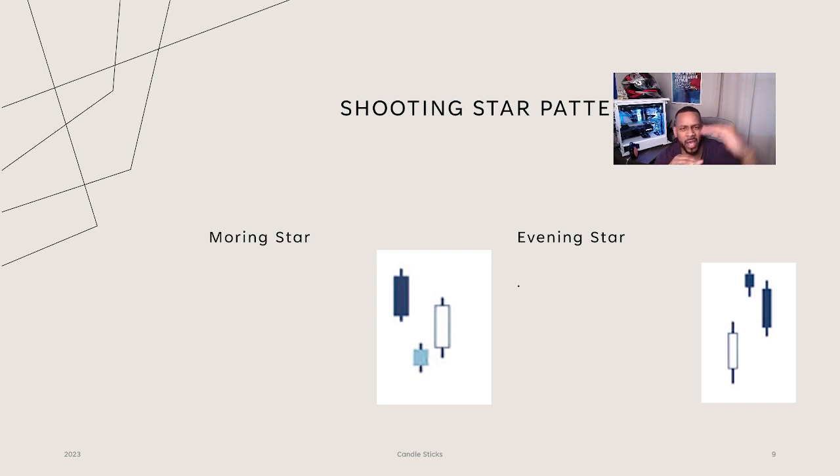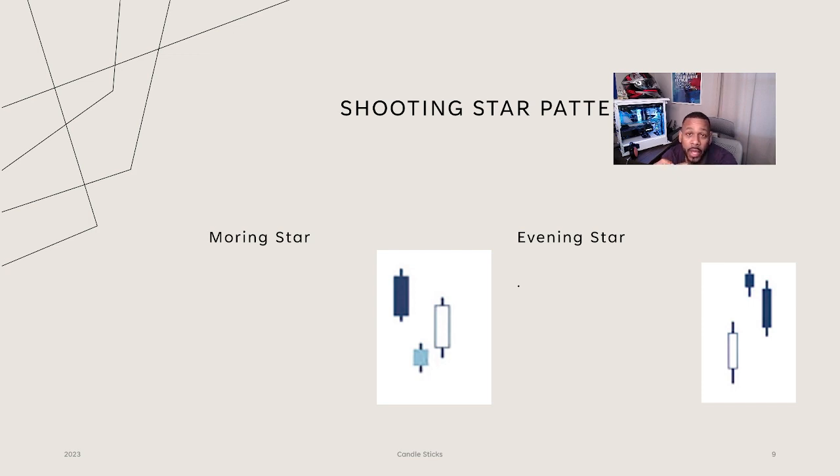You'll have some nice large, maybe a big engulfing bearish candle, then some more nice large bearish candles, and then you'll get this small bearish candle, or maybe even a small bullish candle.